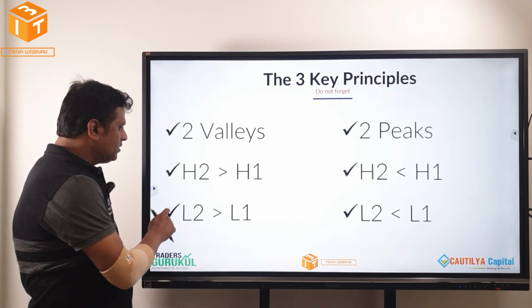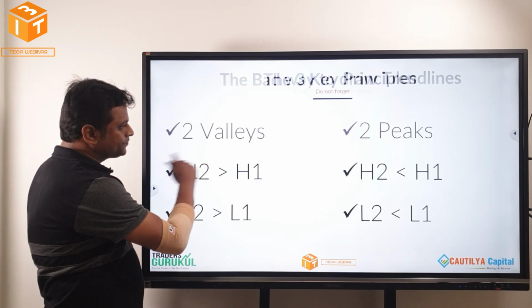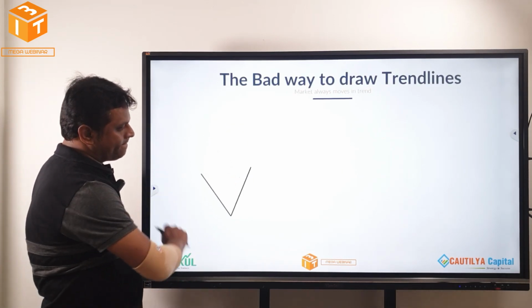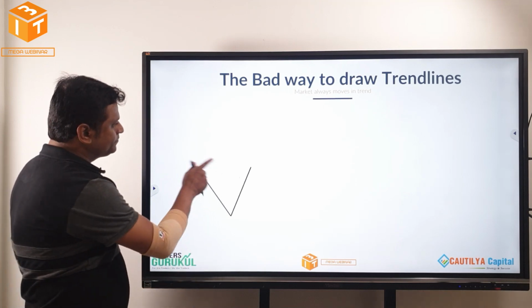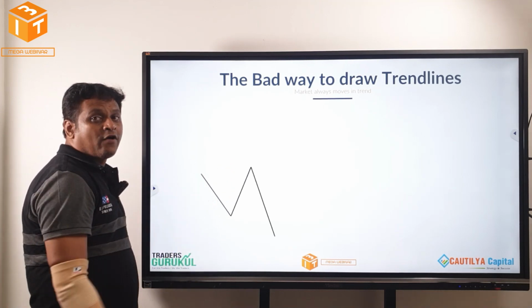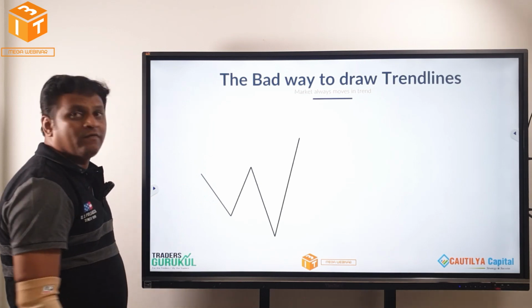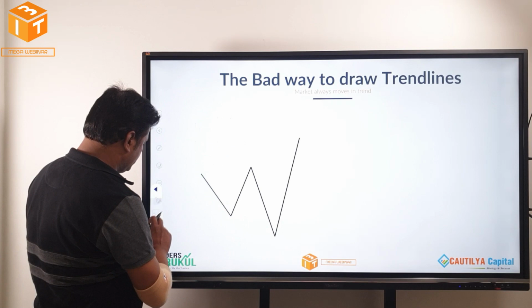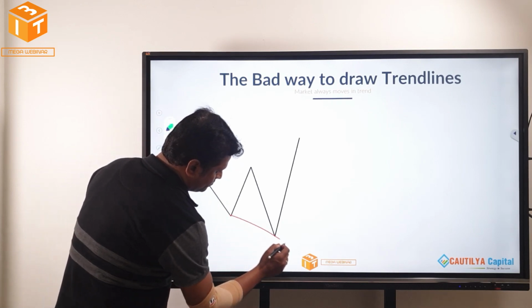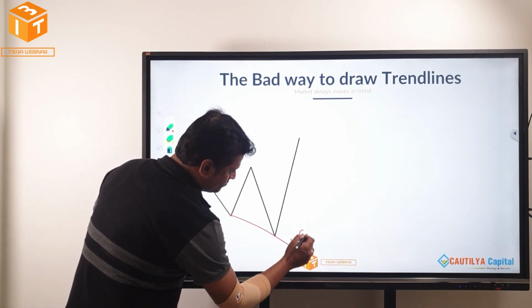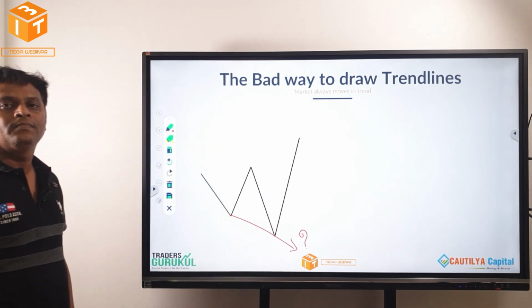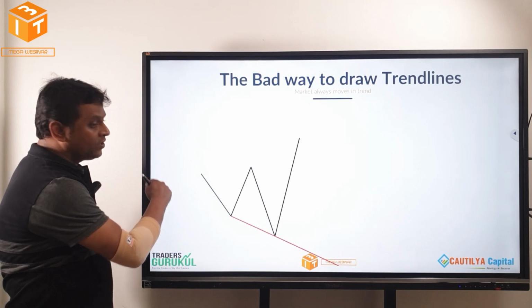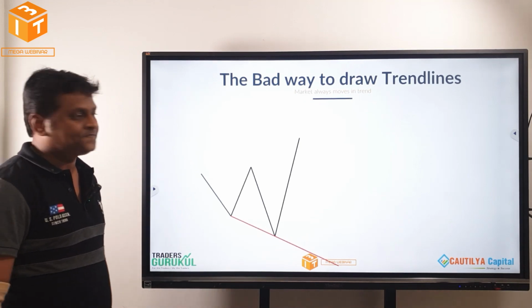Now, let us check some scenarios. Value 1 done, H1 formed, value 2 done. Can I draw this trend line? Yes or no? If yes, why? If no, why?